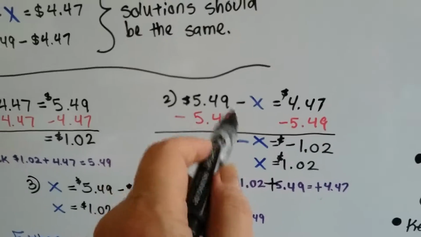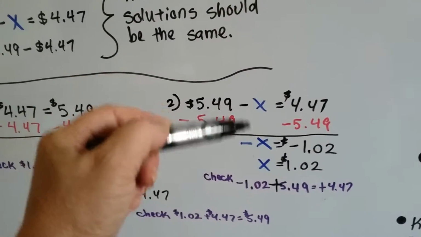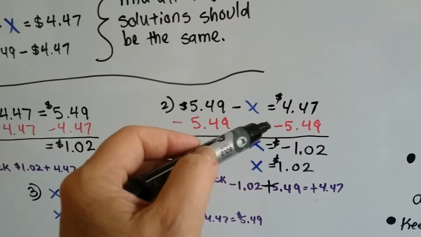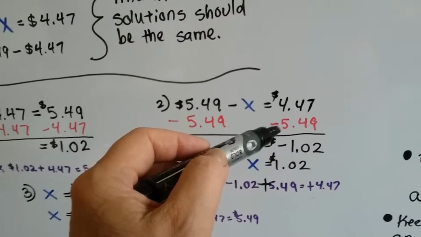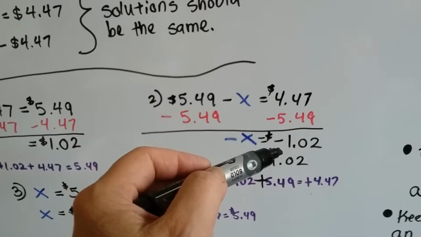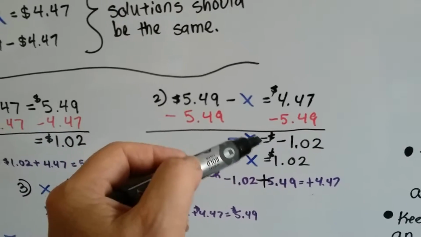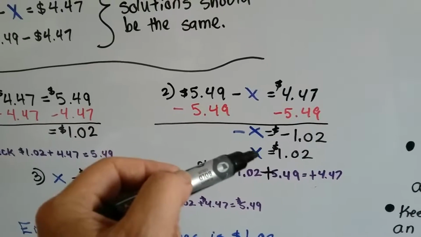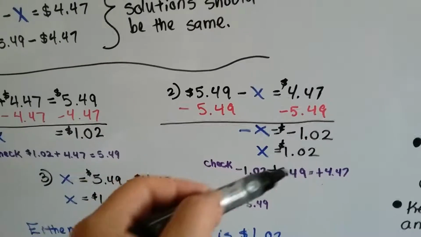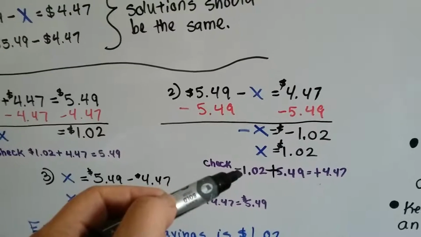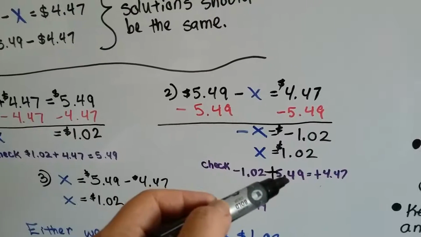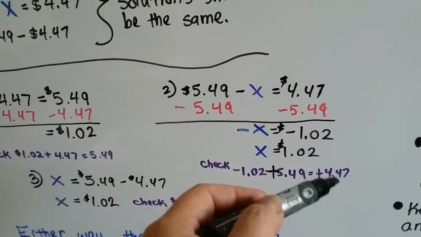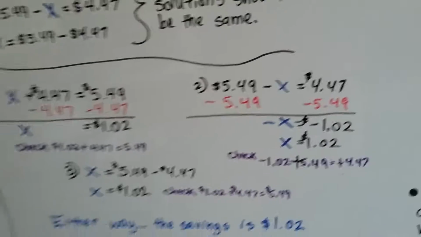So we do, and we get a negative x because this just drops straight down, and $4.47 minus $5.49, a larger amount, is going to shove us into the negatives, isn't it? So now we've got a negative x equals negative $1.02. Well, that means that x equals $1.02. We check it. If we had a negative $1.02 and we added $5.49 to it, what would we get? We'd get a positive 4.47. See? Brought us right back where we were.